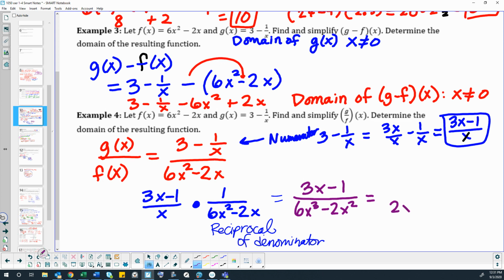So if we factor out 2x squared out of the denominator, 6x cubed divided by 2x squared is 3x. And negative 2x squared divided by 2x squared is negative 1. Well, would you look at that?